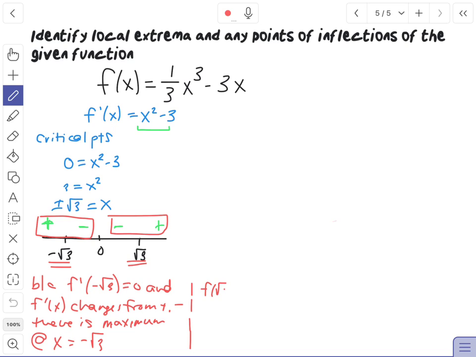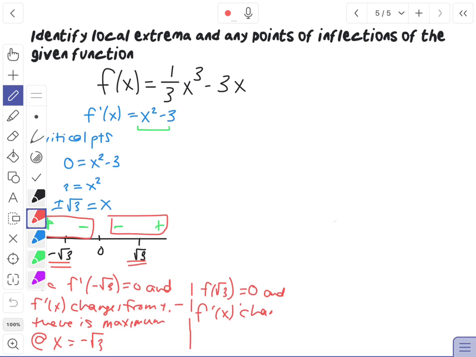So because the function evaluated at square root of 3 is equal to 0, and the first derivative changes signs, I can make that more clear. The first derivative changes, and we've got to be specific here, from negative to positive.